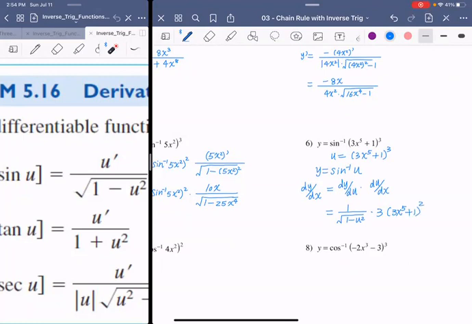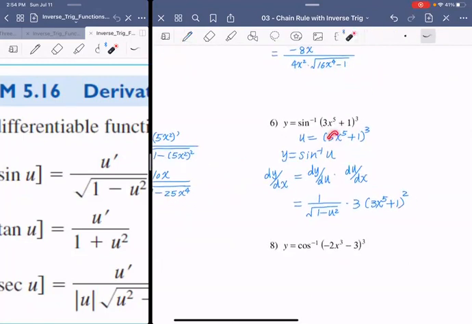But because this guy is not x, we have to do this guy's derivative one more time, which is 15 times 5 times x to the power 4. Correct?